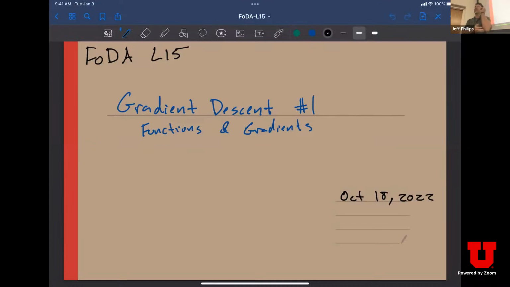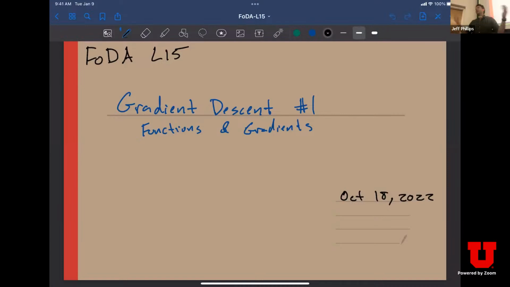It's probably what most of the CPU cycles are used on nowadays. It's probably one of the most important algorithms, ideas, and approaches in all of computer science right now.